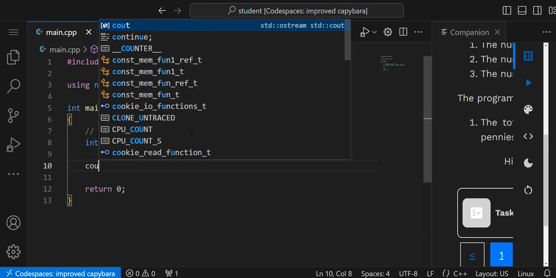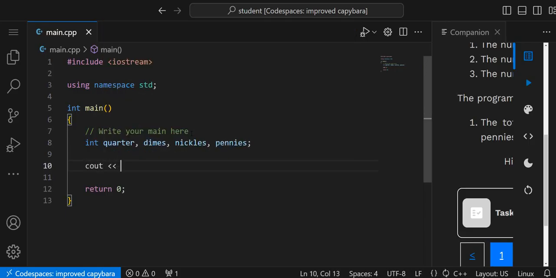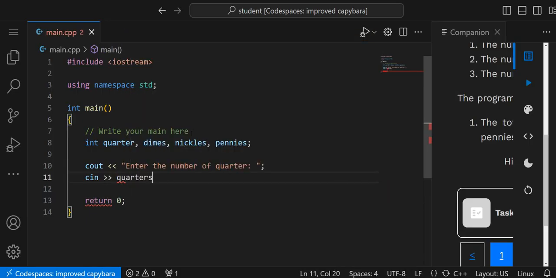So let's cout, and we want to say, enter the number of quarters, colon. And just going to be quarters, cin, and endline.